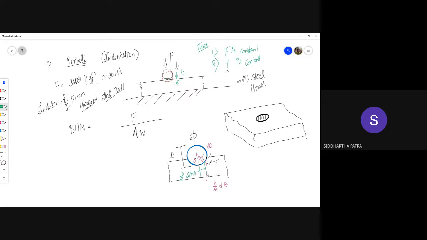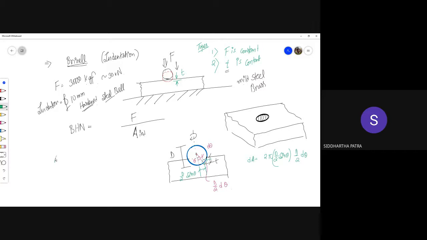Now, if you revolve the small segment about this axis, the differential area is twice pi D by 2 sine theta times this differential length D by 2 d theta.